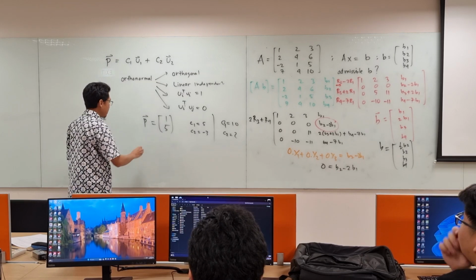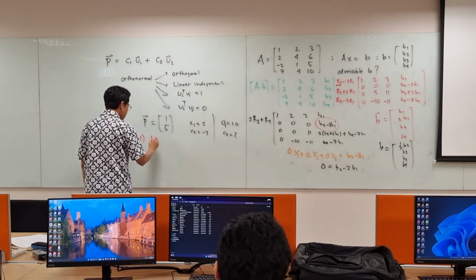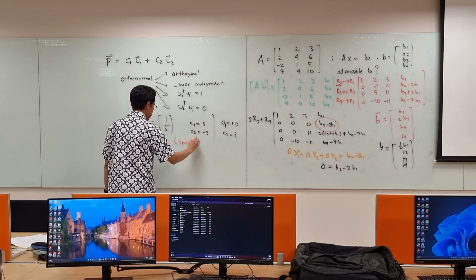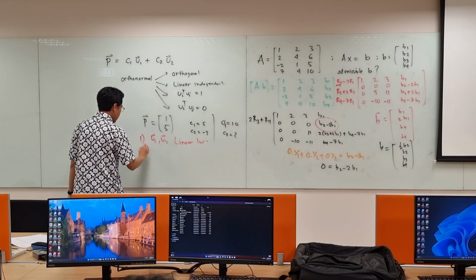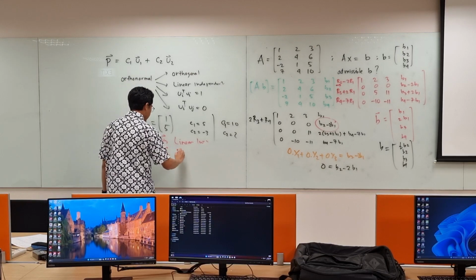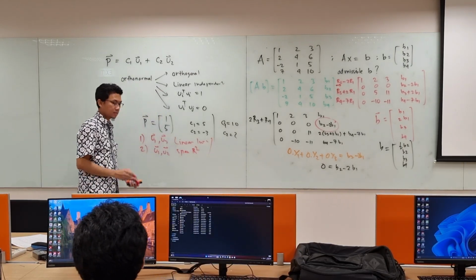Okay, the answer is that the first one, U1, U2, are linearly independent. The second one is that U1, U2 span R2. That's the answer.